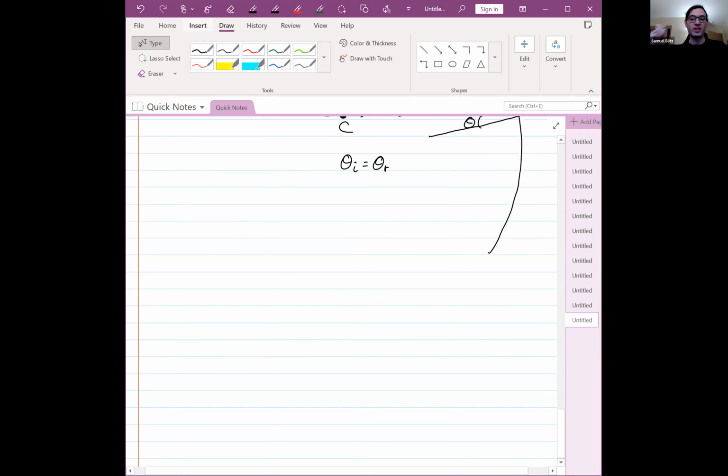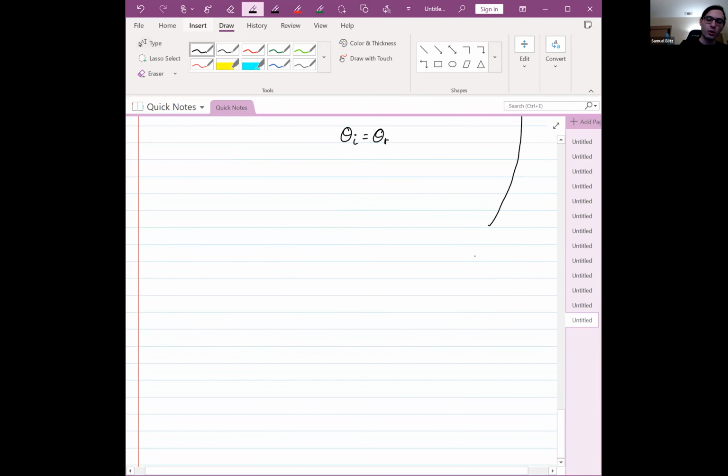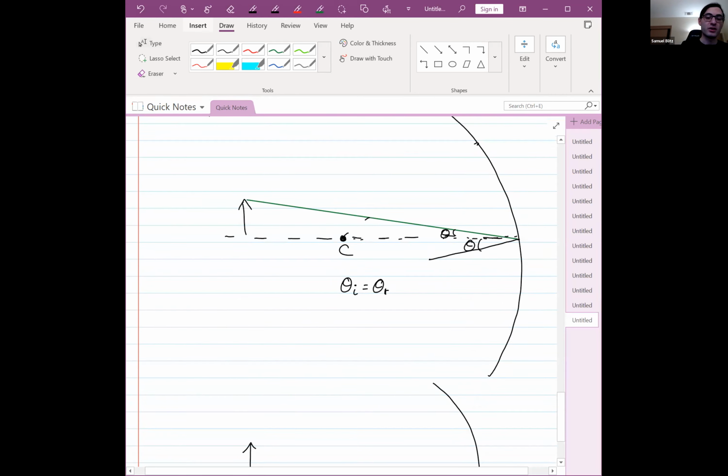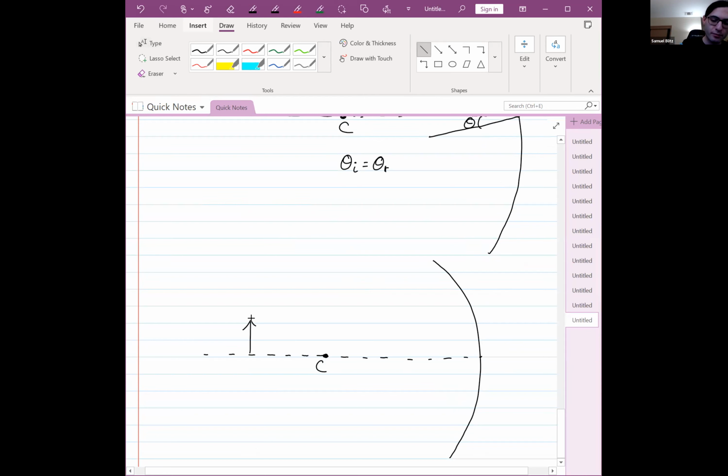Now, we can use this to understand how the magnification of an image relates to its position. Remember, magnification is the height of the image divided by the height of the object. So let's do a quick ray trace. I'm not even going to do all 4 rays, I'm just going to do one of them. Here's our object. Let's say our center is here. I'm just going to do the ray that bounces off the center.